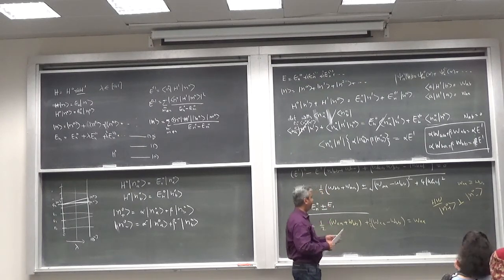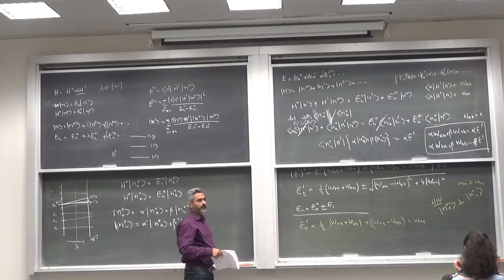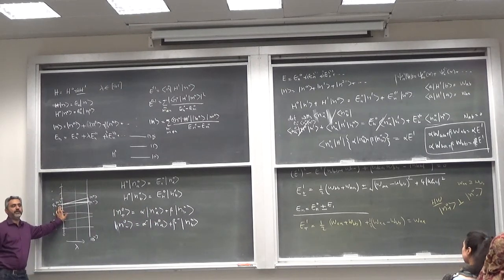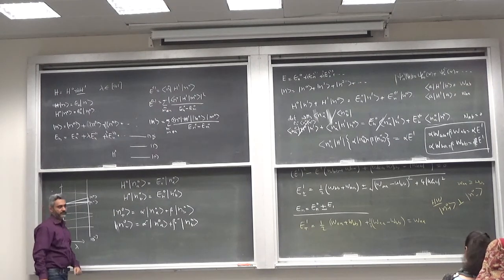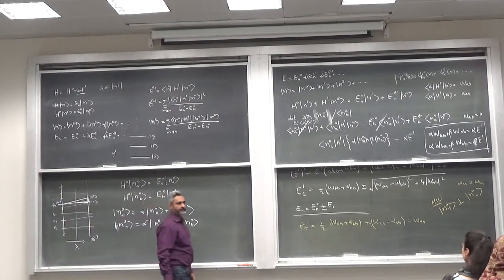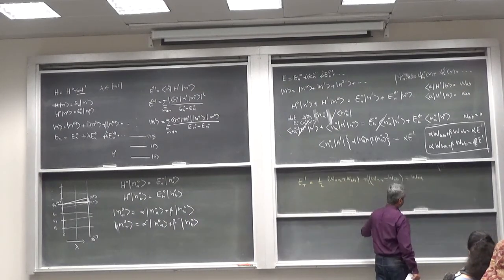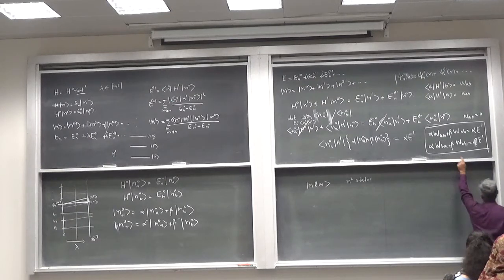Okay, let's try to generalize the whole thing. Now this state need not be doubly degenerate, it could be triply degenerate, quadruply degenerate, it could be n-fold degenerate. What would you do then? Well, what have you done here? Look at these two equations. The answer is here.